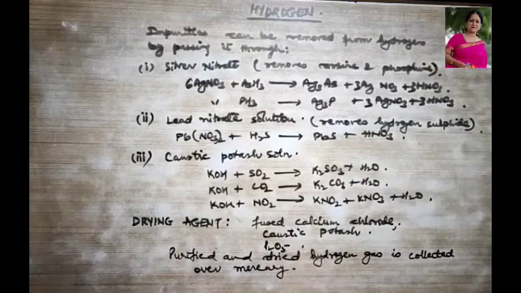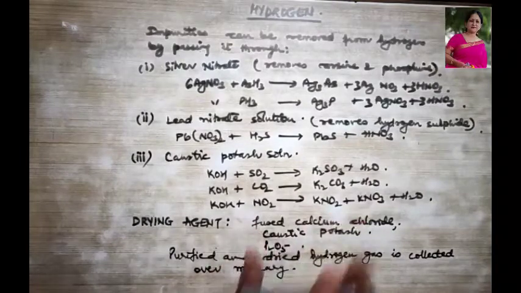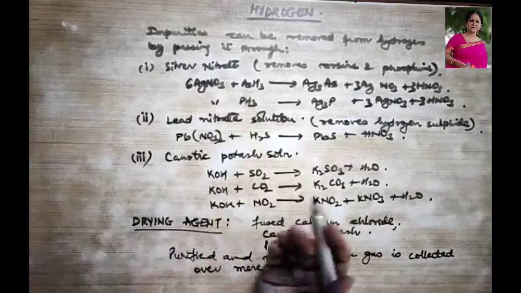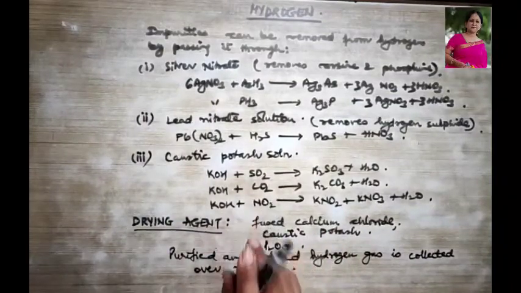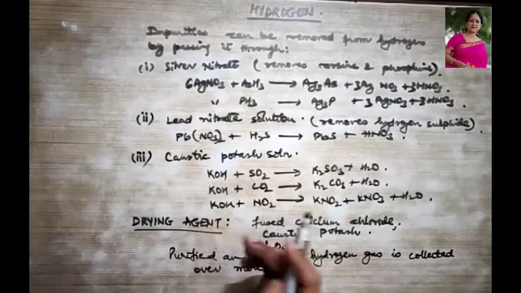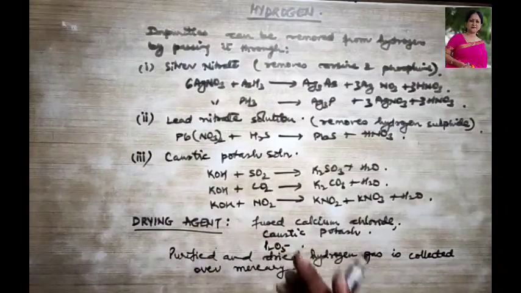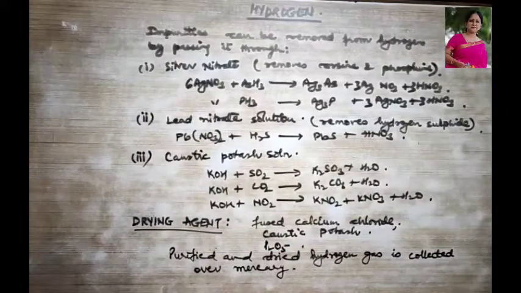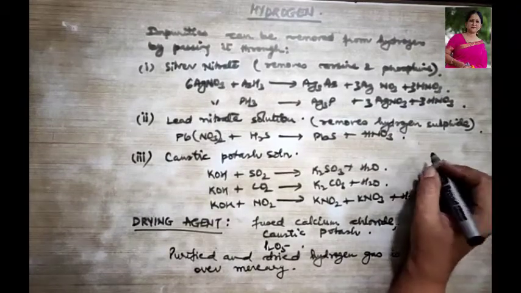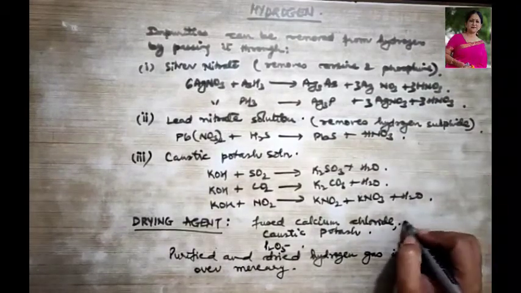Clear? Now, we cannot use concentrated sulfuric acid over here as a drying agent. Why can we not use it? Because it will combine with hydrogen and defeat the purpose of collecting hydrogen gas. I'll show it to you over here.